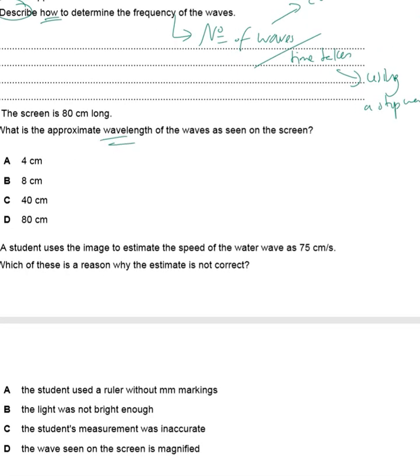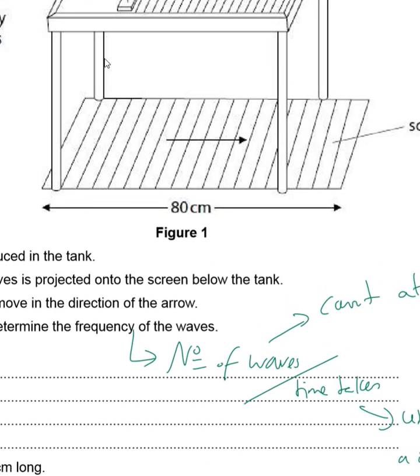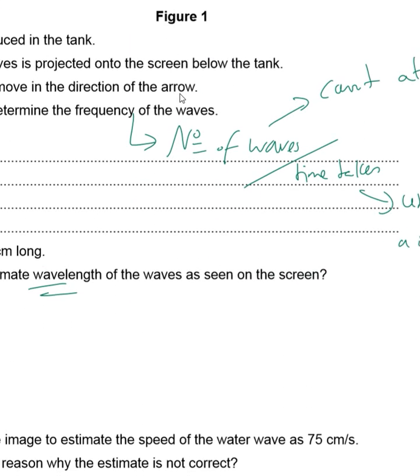Wavelength. Now let's take a look at this one. So to work out the wavelength, we're going to use this one. We know that from one ripple to the next, this is one wavelength. 2, 3, 4, 5, 6, 7, 8, 9, 10, 11, 12, 13, 14, 15, 16, 17, 18, 19. Yeah, let's do 19. Okay.